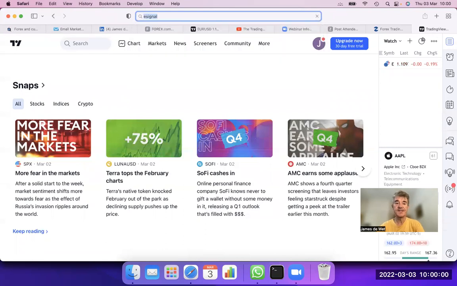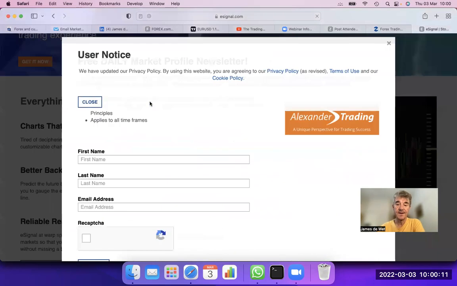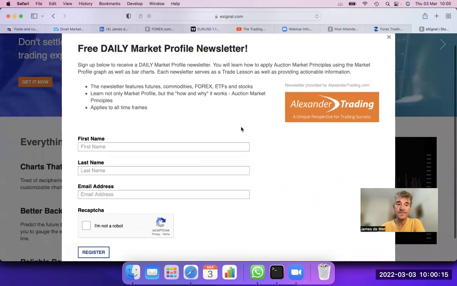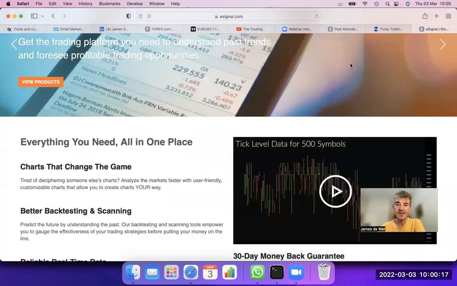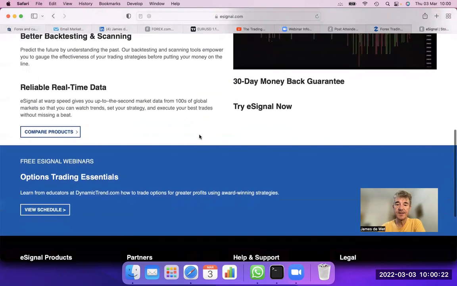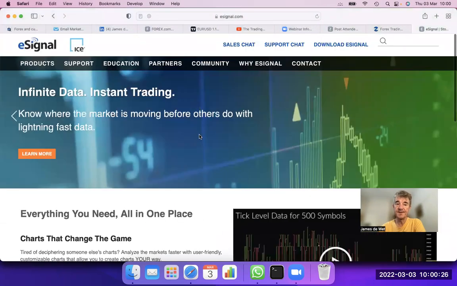Again, this is a crowd that I've used for a very long time. I don't use them currently because they're very expensive. But if you want the very best, this is it, Z-Signal.